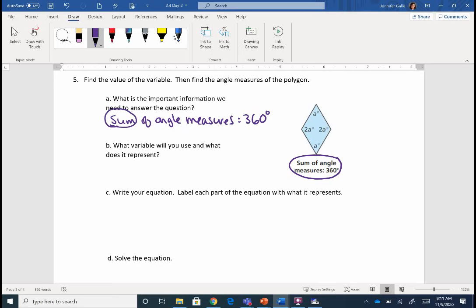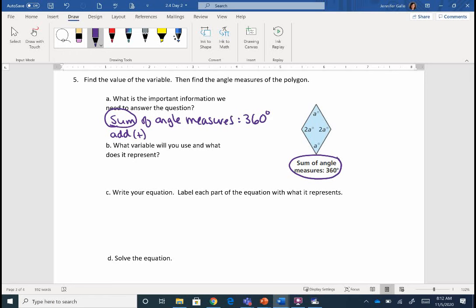Does that mean add, subtract, multiply, or divide? What does sum mean? Sam, do you know? It means to add, yeah. Sum means to add. Or if you want to put a plus there. So what sum means is if we add all those angle measures together, we should get 360 degrees.